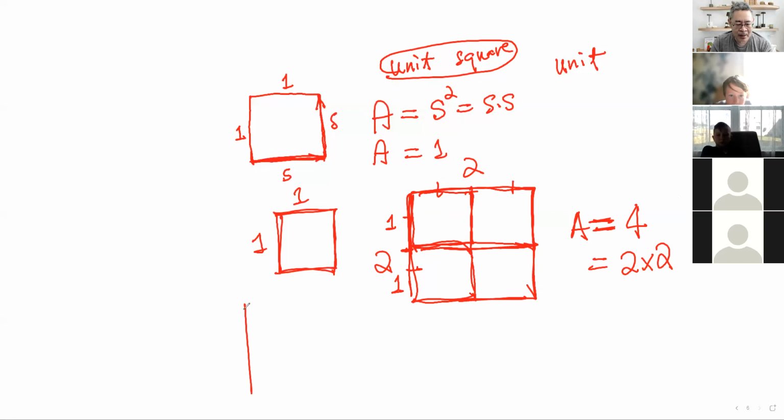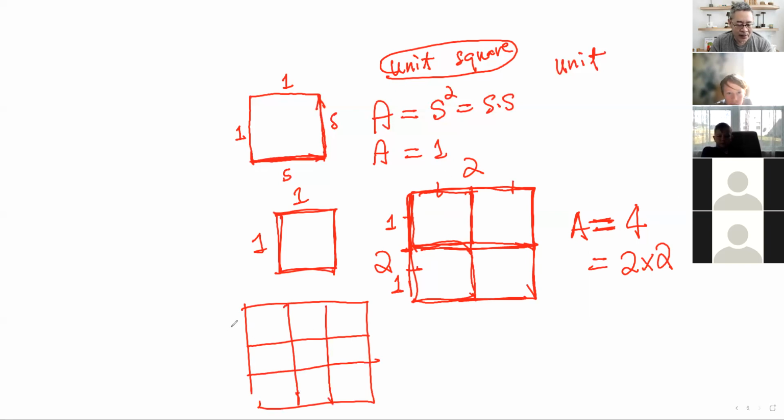When you have something like, say, 3 by 3, then we got 1, 1, 1, 1, 1, 1. How many unit squares do we got? 3 times 3 is 9.